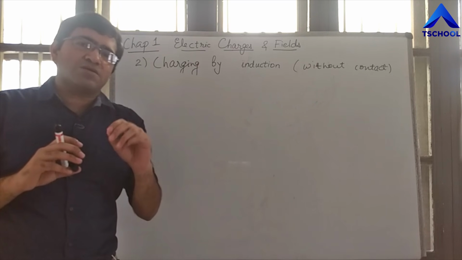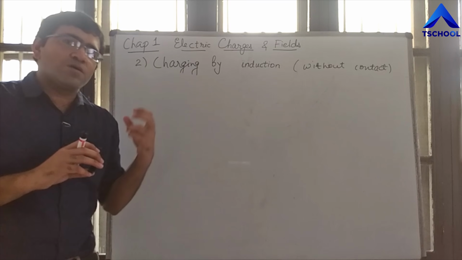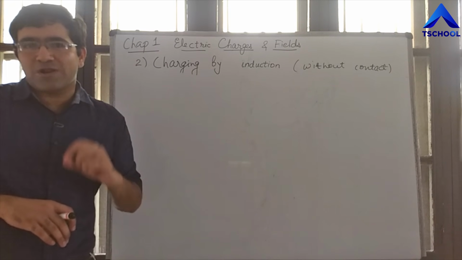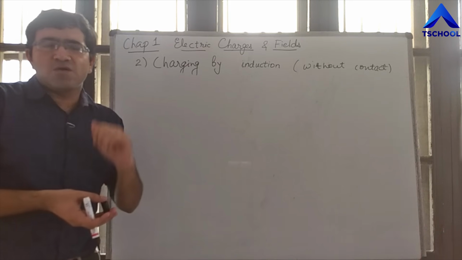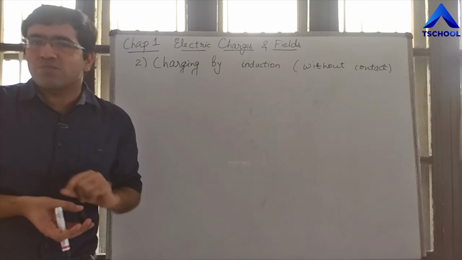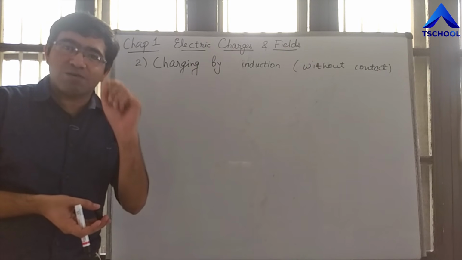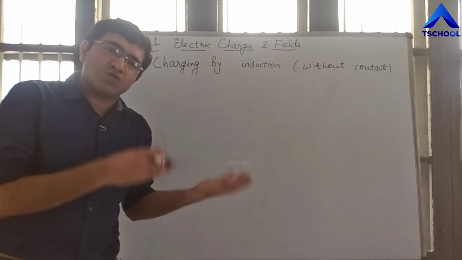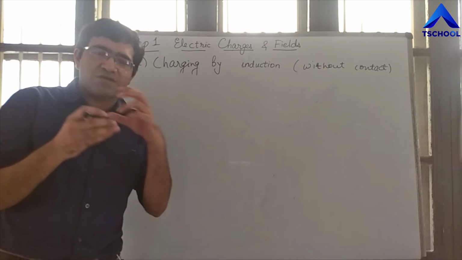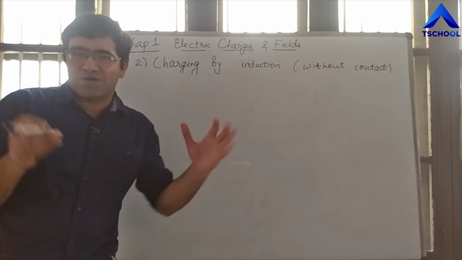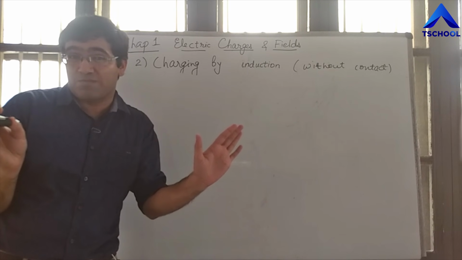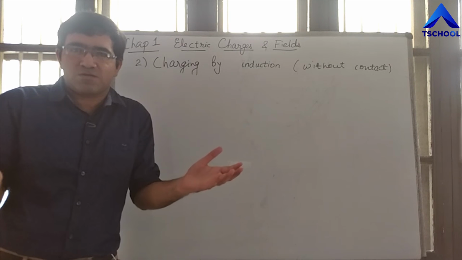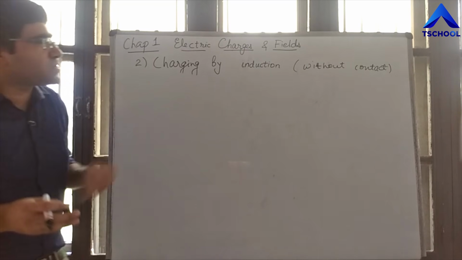But this method is slightly different from the triboelectricity method, because in the triboelectricity method, or charging by rubbing, you can take two neutral bodies and get both of them charged without the help of any other charge. Like when we take a glass rod and a silk cloth, when they are separate there is no charge on either of them, so both are neutral, but when you rub them against each other, they both get charged. But charging by induction is slightly different.